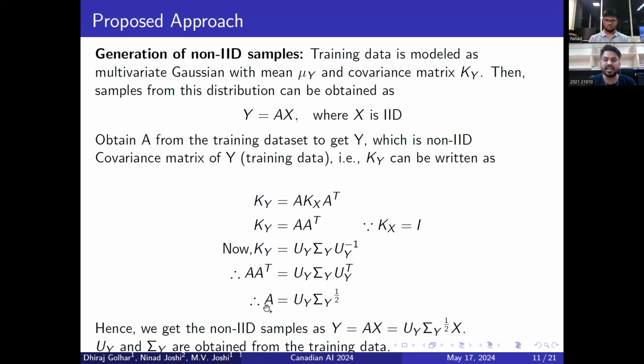After some simplification, we get A equal to Uy into square root of Sigma y. That implies y equal to Ax equal to Uy into square root of Sigma y into x. But this Uy and Sigma y come from the training data set. So these are the non-IID samples used as the input to the generator.